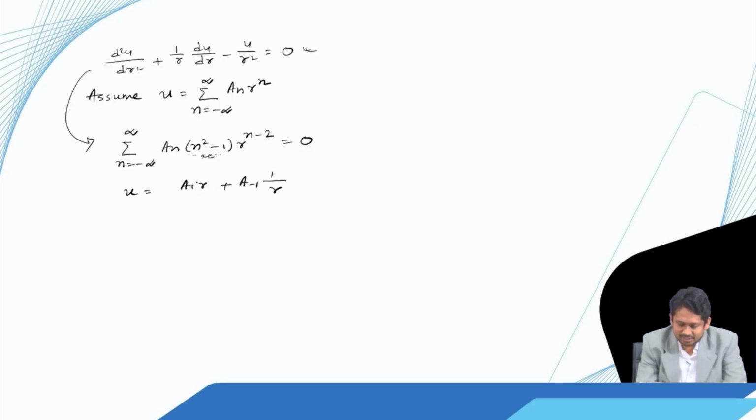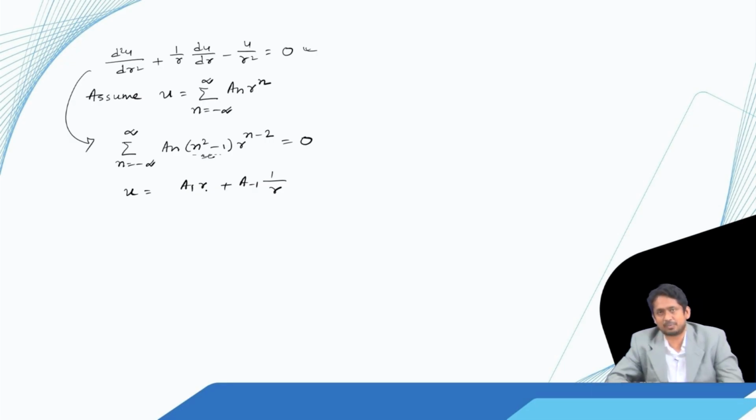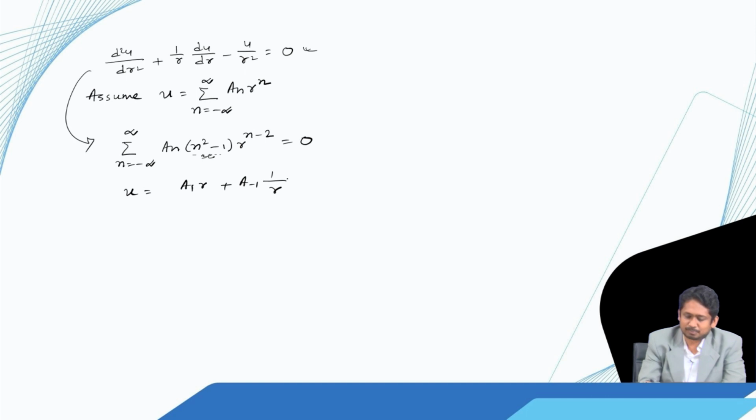Now, again within this we have to see that within the matrix we have a region where r is equal to 0, because the fiber is the inner cylinder or inner circle. So, at the center if r is equal to 0, then this term is going to be infinite.